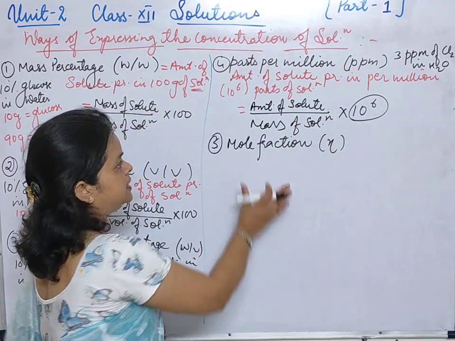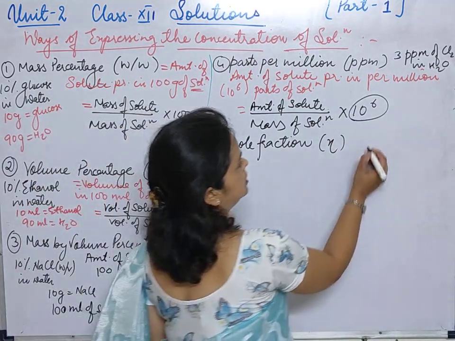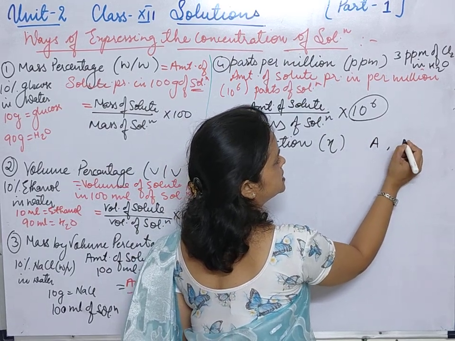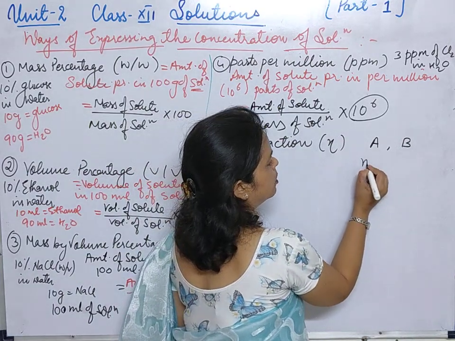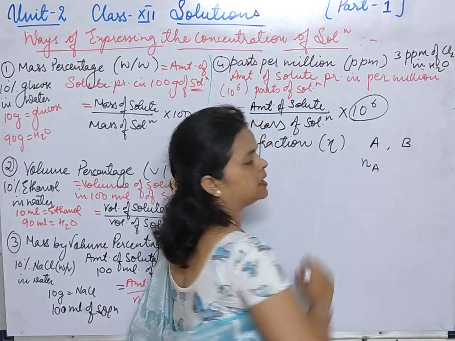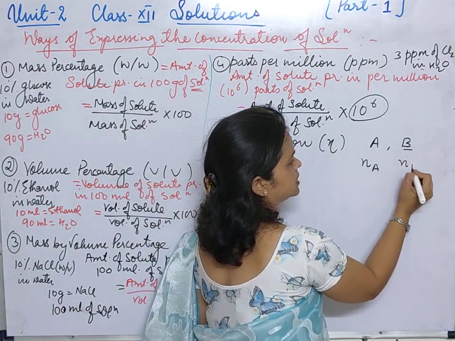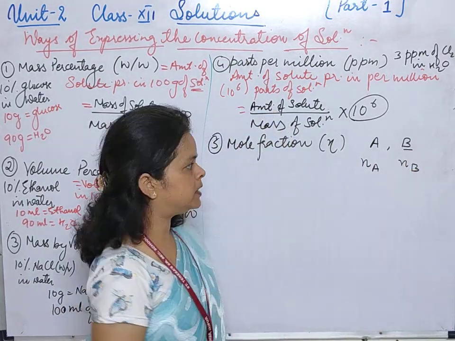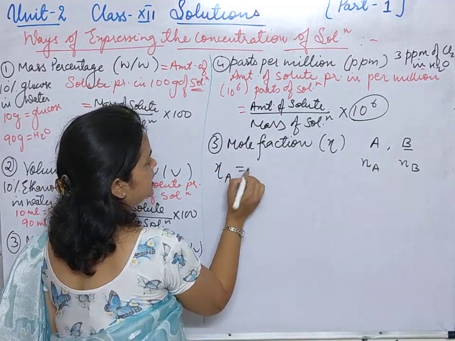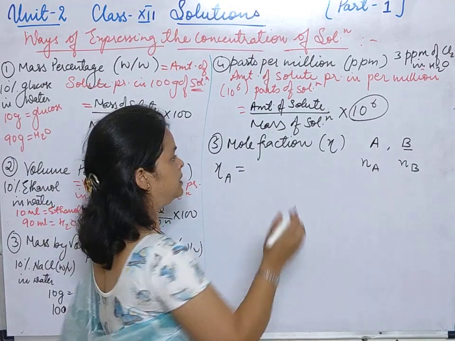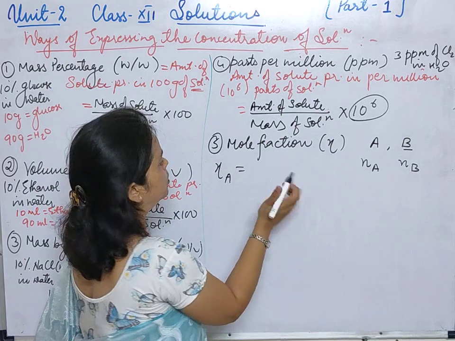Okay, and the next one is mole fraction. Suppose we are having a binary solution which is made up of two components A and B. If we calculate the number of moles of A and it comes out to be Na, and for B the number of moles is Nb. Now how will you calculate the mole fraction of A? It is the ratio of the moles of that component upon the total number of moles.